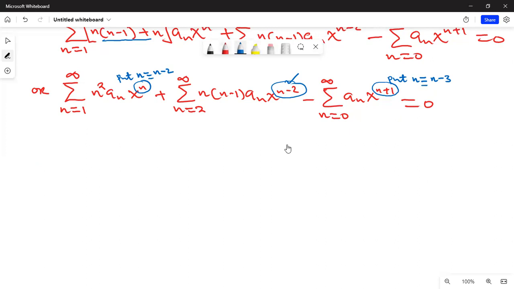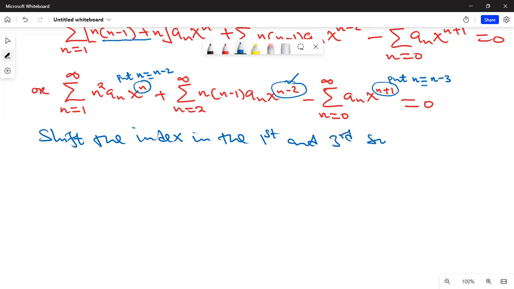So this is what we have. So what we are calling is shift the index in the first and third summations.